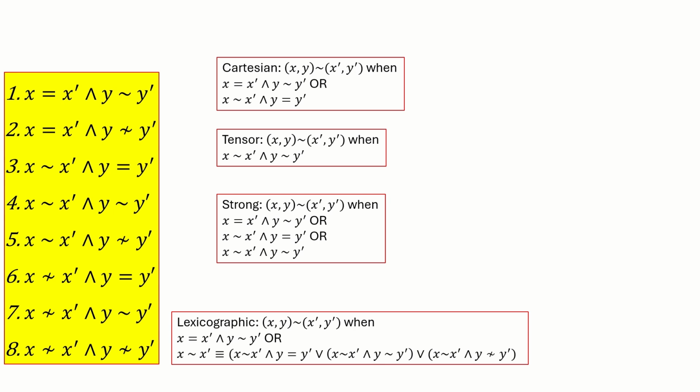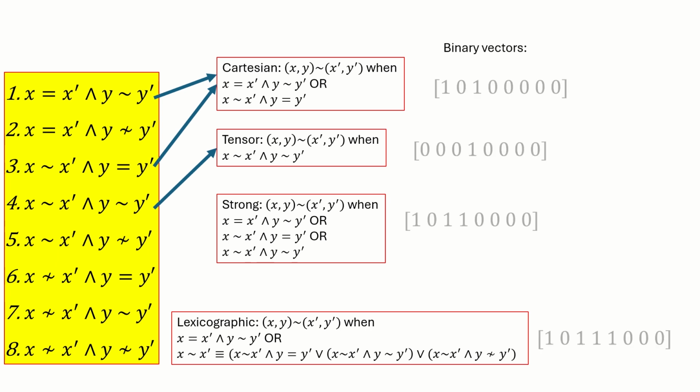One way to think about a graph product is as a binary vector of length 8, where each digit corresponds to one of these adjacency rules, say in the order shown here, and 1 indicates we select that rule, and 0 indicates we do not select that rule. In this way, the Cartesian, tensor, strong, and lexicographic product have the following binary vector representations.